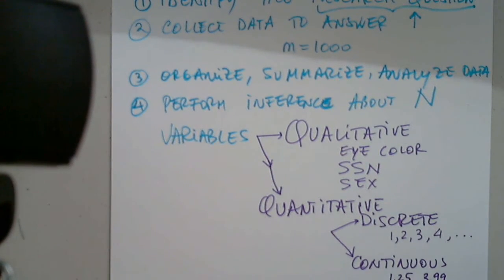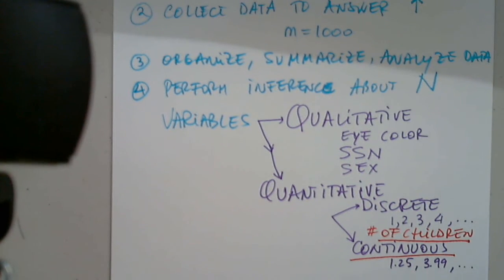Discrete, for example, number of children in a family. Can I have 3.2? No. That's discrete. Either 0 or 1 or 2, etc. What is continuous? As an example, weight, time.